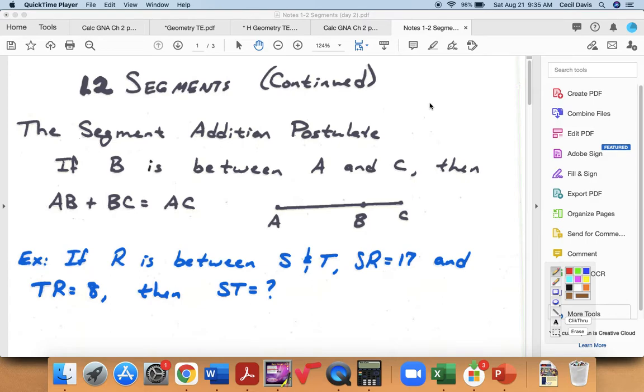Today we're going to continue talking about segments. Before we do that, though, let me remind you, in case you haven't been looking at RenWeb or at Google Classroom, about what's coming up. Tomorrow you will have a quiz on section 1.1 in your book.